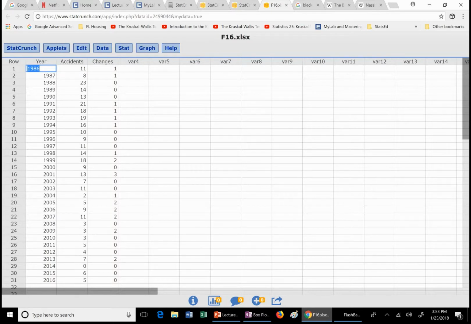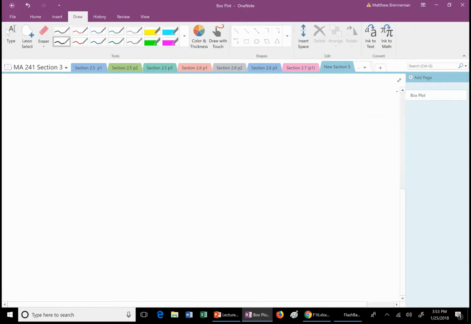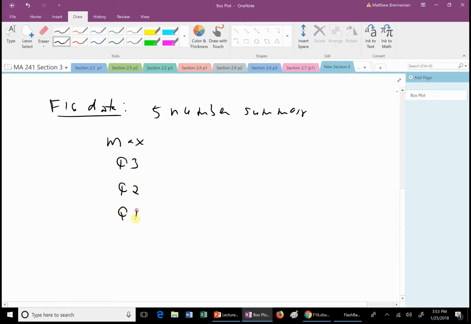And the first thing I'm going to do is make this table, what we call a 5-number summary. So here I'm going to have the maximum value in the data set, the value of the third quartile, the second quartile, the first quartile, and the minimum.